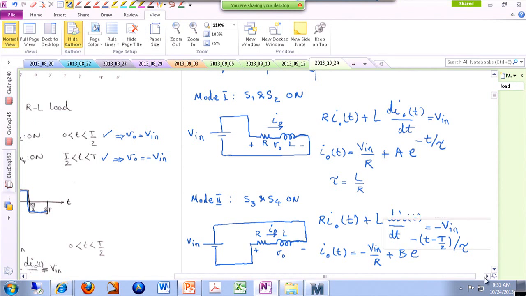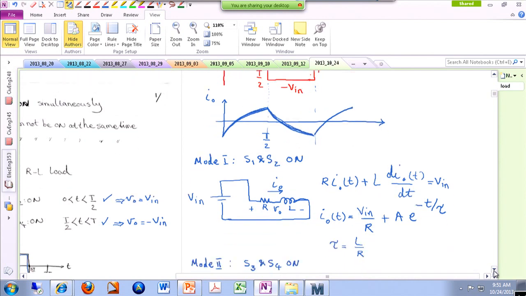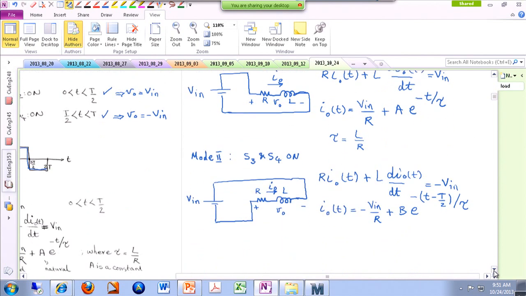When you draw these, this is the first exponential term, which is V over R plus A times the exponential term, and this is the second one in the second mode, and this is obviously T over 2. So now we got to find A and B, the constants. Any questions so far?